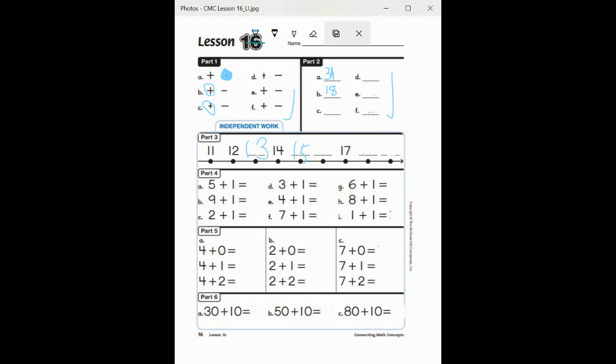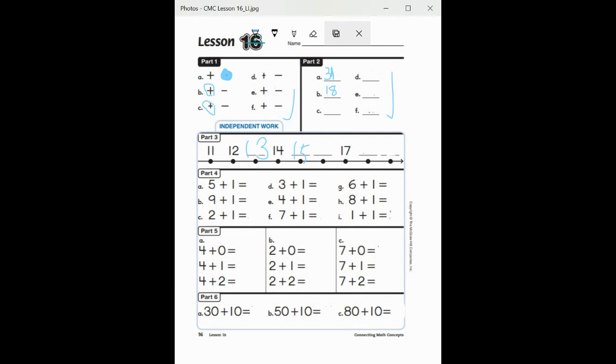You'll write the answers to each problem. Part 6. These problems are plus 10. You'll complete each equation. You're going to do these 3 parts independently. So I'll do the first one with you for each section, and then you'll finish the page on your own.